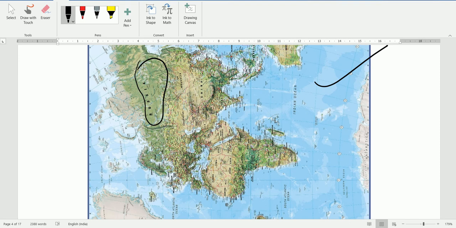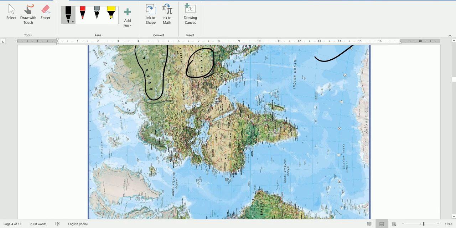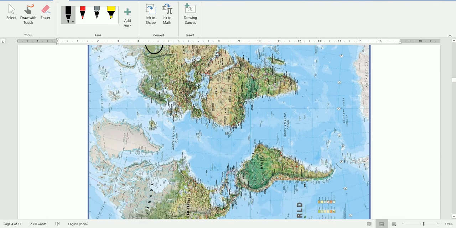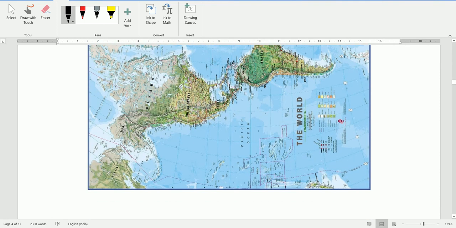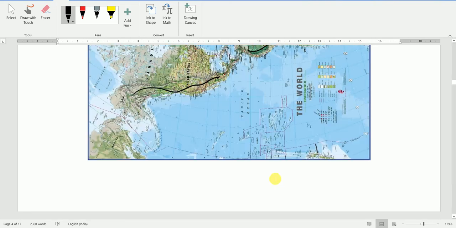Green areas represent plains, and the brown color areas represent plateaus and mountains. Sometimes plateaus are also represented by yellow color. See here, we have the Rocky Mountains, we have the Andes Mountains.